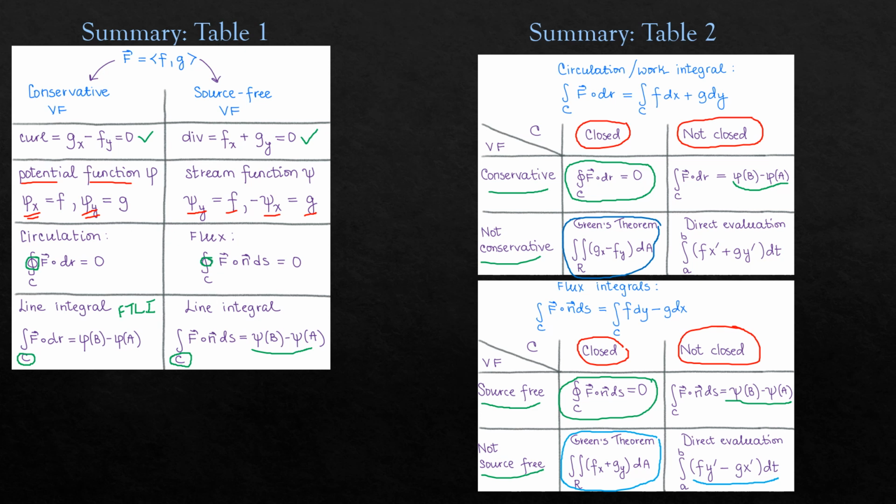When did we make this connection? Not just looking at it as a bunch of formulas, but really trying to understand the connections between these quantities, such as curl and divergence, flux and circulation, and so forth. Okay, so I hope you find these summaries helpful in organizing all of this material that we've covered in the last few weeks.